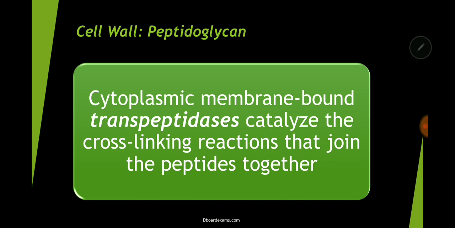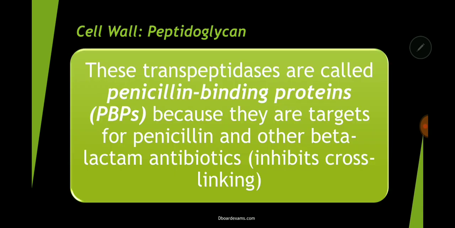All right. So the cytoplasmic membrane has membrane-bound transpeptidases. These are enzymes which catalyze the cross-linking reactions that join peptides together. These are called penicillin binding proteins. Initially, when penicillin was discovered, it was found to bind to these proteins.